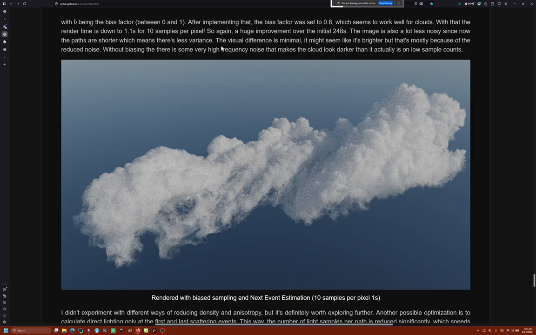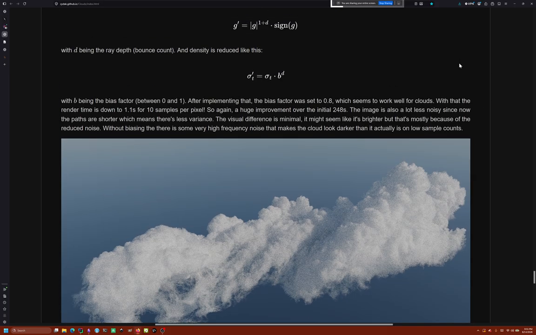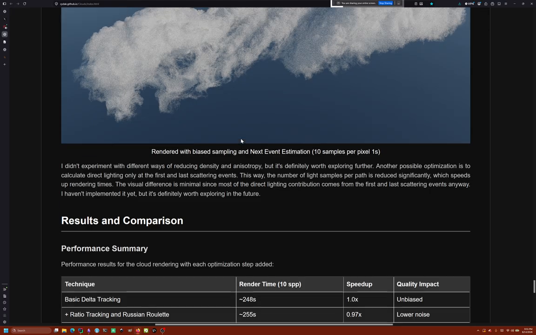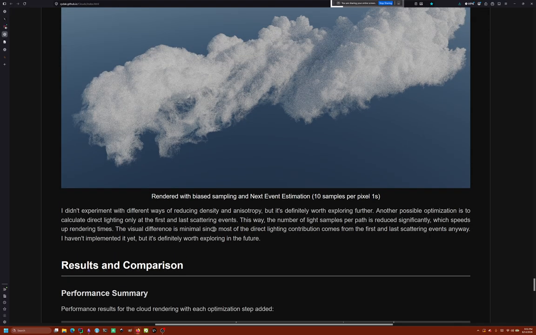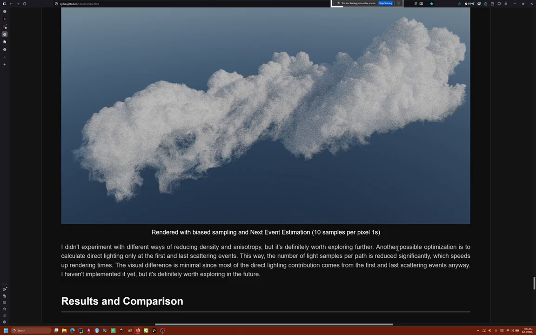Without biasing, there is some very high frequency noise that makes the cloud look darker on low sample counts. Yeah, it's just a little bit of noise. They did an experiment with ways of reducing density and anisotropy. Worth exploring further.